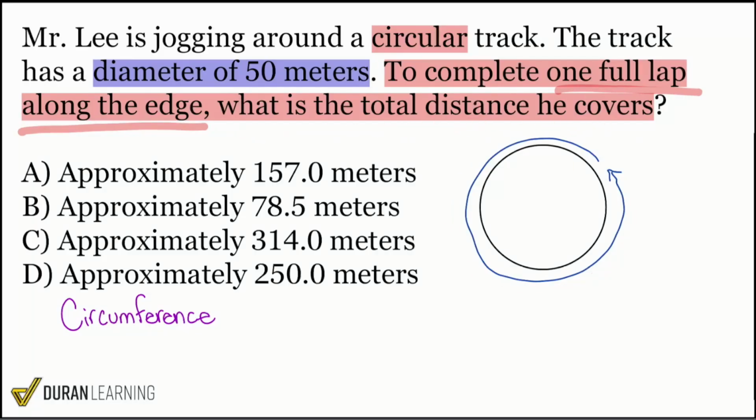Okay, that's circumference. Total distance, that's circumference. Now I got two formulas. I see diameter right there. Perfect. So I know that I'm using this formula. And all I have to do now is replace the diameter with the 50 that I have right there. And boom. And that's the difference. That's where that confidence can come in, everybody.